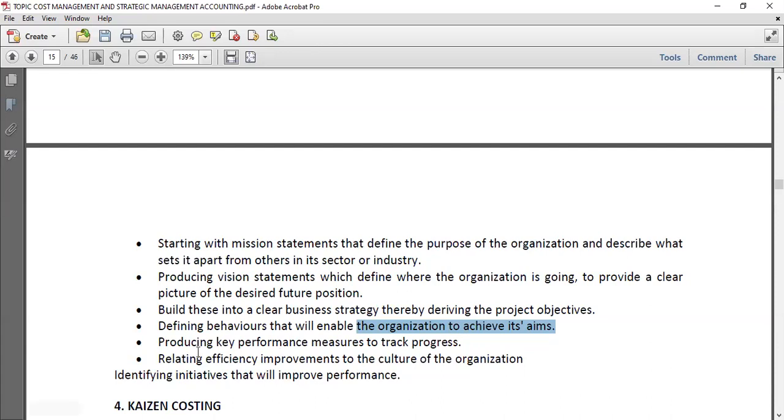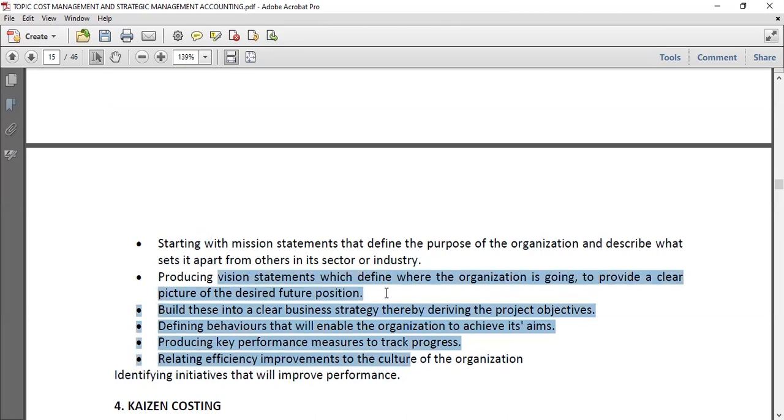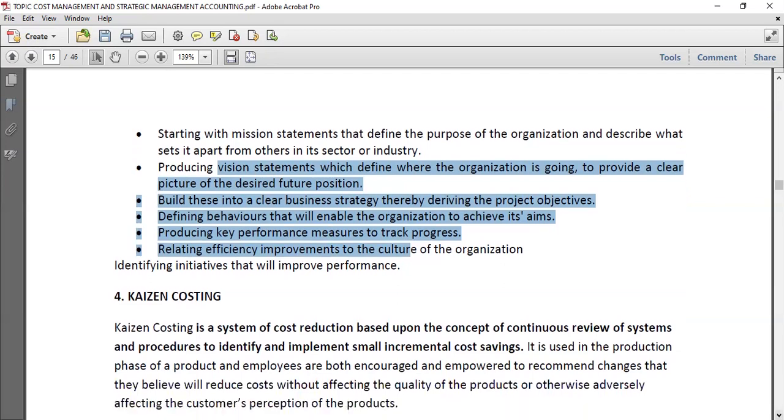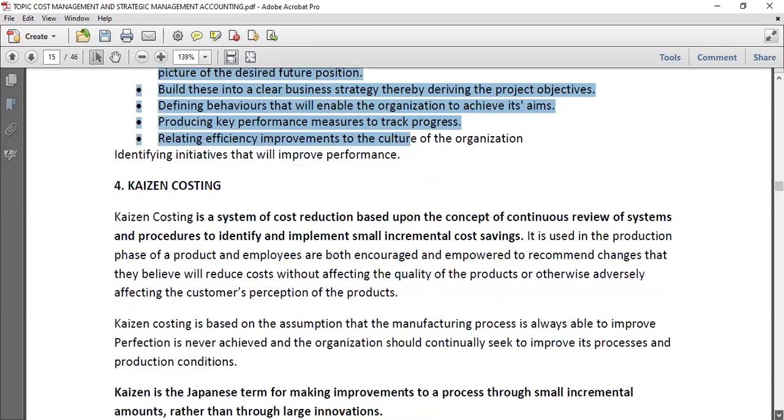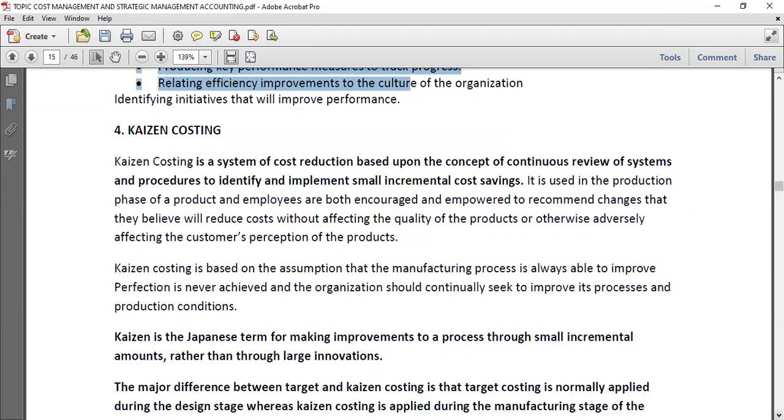And then we relate efficiency improvements to the culture of the organization, okay? And then lastly, identify initiatives that will improve performance. So basically, that is what we do when we are trying to look at aspects of business process re-engineering, okay? So you'll be able to read more so that you conceptualize that.